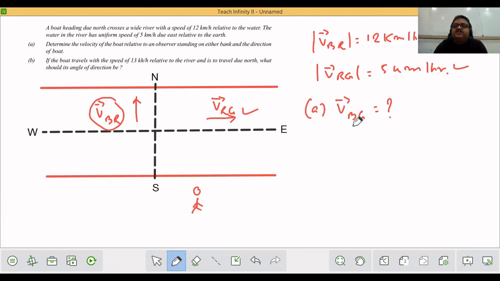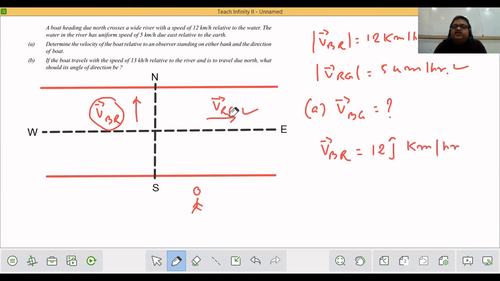So what to do then? Velocity of the boat with respect to river is this. Look at this, it is along which direction? Positive y-axis. So we should write it 12 j cap kilometer per hour.